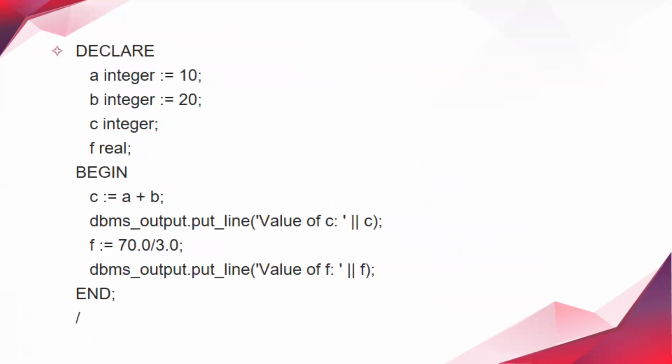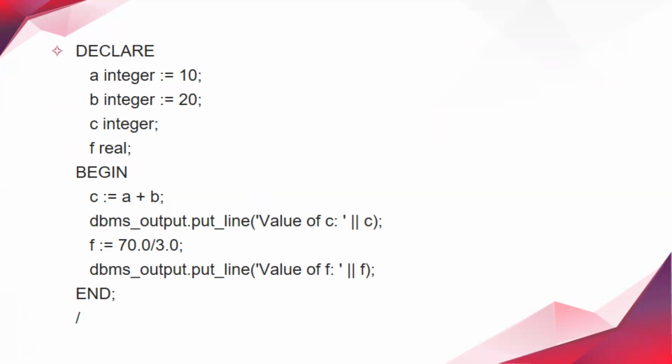Okay, this is the simple program. In the declare statement, we declare the variables like A, B, C as integer and F as a real. And we are also initializing the variables A and B, A as 10 and B as 20. The declare statement is only the declaration part, whereas the begin statement has the executable part.